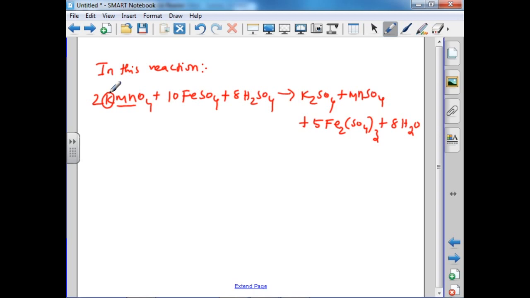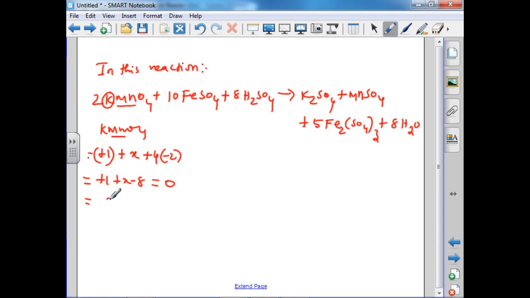So first KMnO4. The oxidation number of potassium is +1. Taking X as manganese: +1 plus X plus 4 into the oxidation number of oxygen, -2, which is -8, equals 0, as it is a neutral molecule.